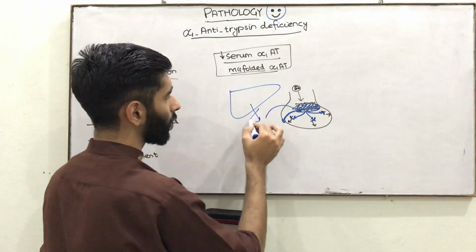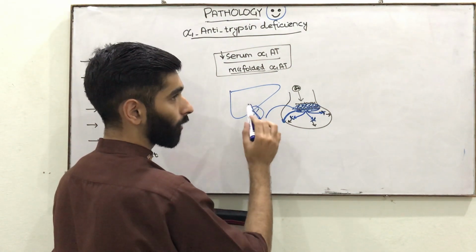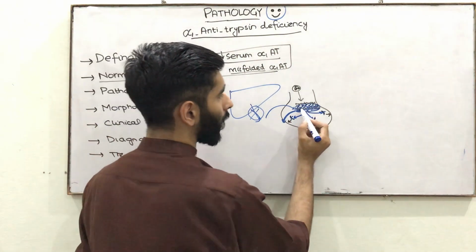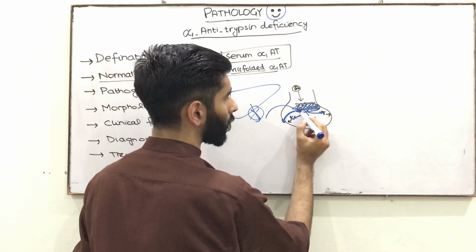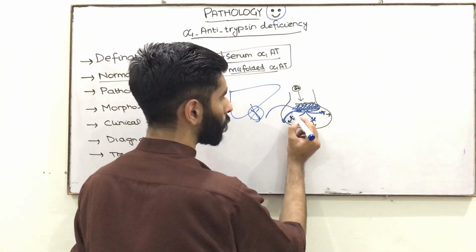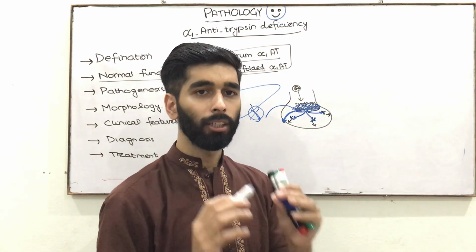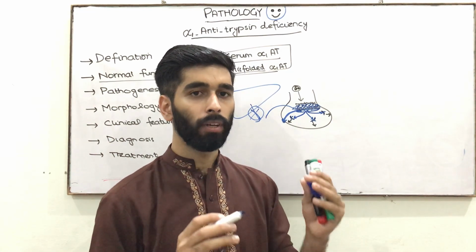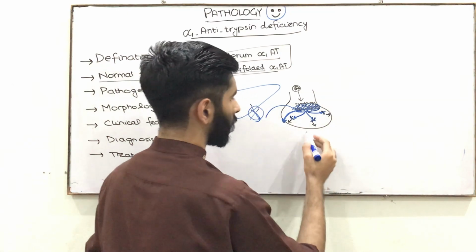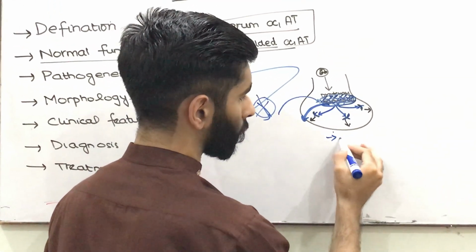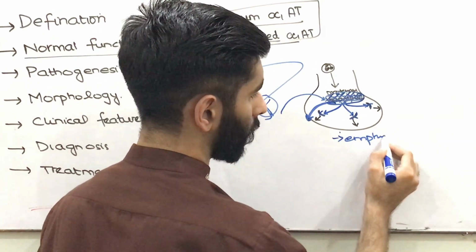But whenever there is a deficiency of alpha-1 antitrypsin, the elastase is not inhibited and it continues to destroy the elastin present in the alveolar wall, leading to destruction of the alveolar wall. When the alveolar wall is destroyed, it leads to emphysema.